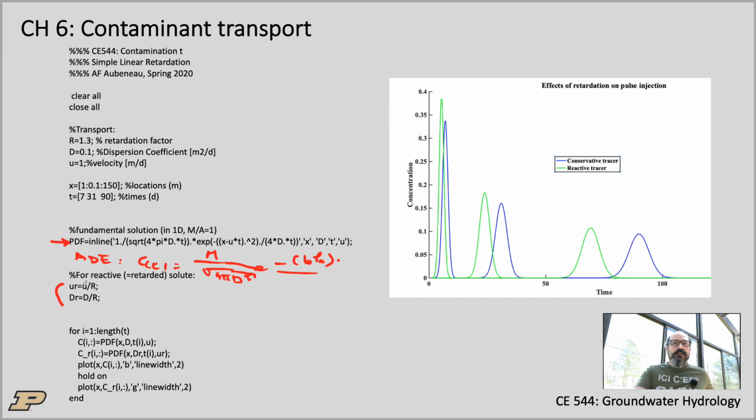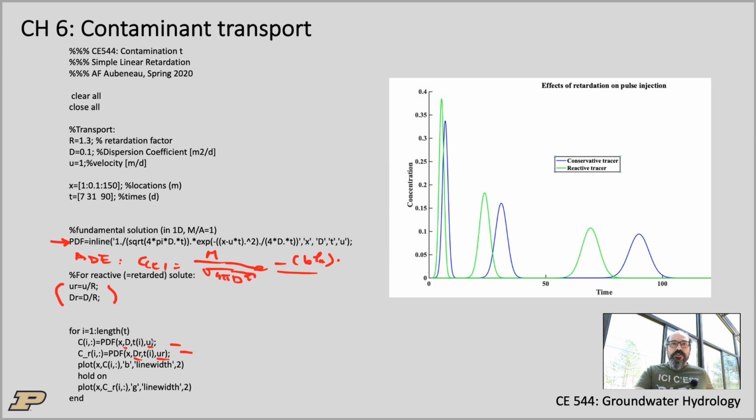So all I did here for a reactive solute, or for sorption, is divide the velocity by the retardation factor, divide the dispersion coefficient by the retardation factor, and then run the exact same equation, but with those modified velocity and dispersion for the reactive.